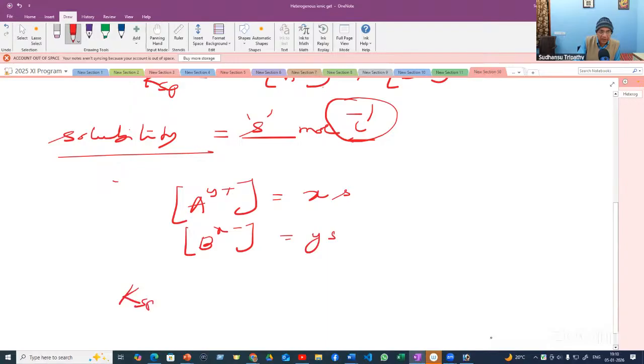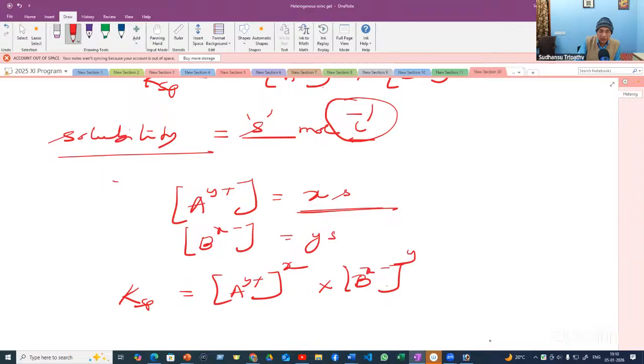And the Ksp definition is [A^(y+)]^x into [B^(x-)]^y. So this is (xS)^x into (yS)^y.